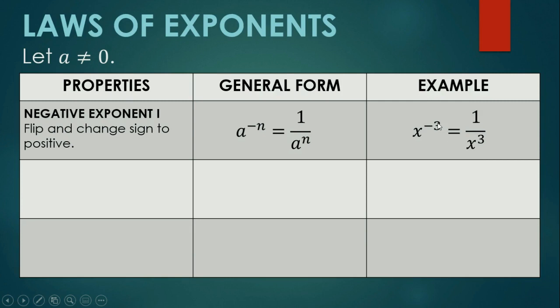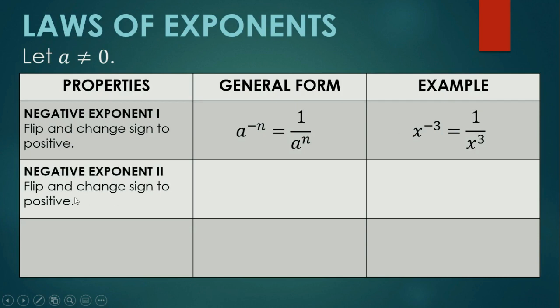Since negative siya, at alam natin na automatic na may katabi siyang 1, ito, para mag-positive, binaba natin sa denominator niya, at ang naiwan sa numerator ay 1. Negative exponent 2, flip and change sign to positive. So, 1 all over a raised to negative n is equal to a raised to n.